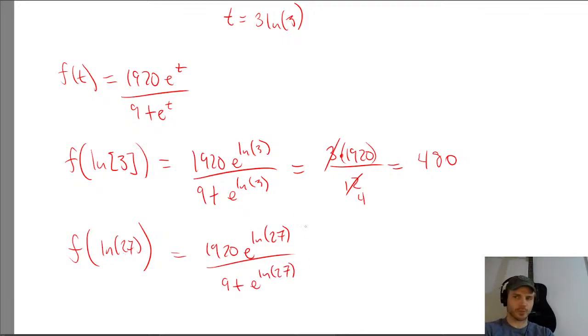That's just a log rule. If there's any confusion on that, just put a comment in the chat or something. So what do we have here? We've got 27 times 1920 over 9 plus 27 is 36.